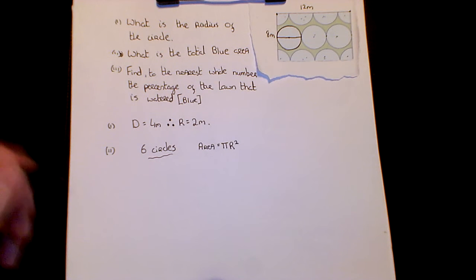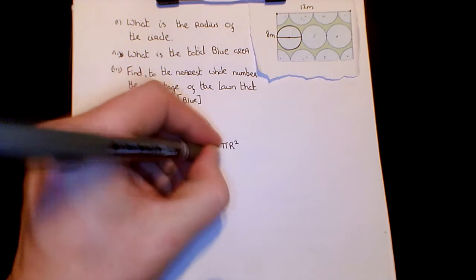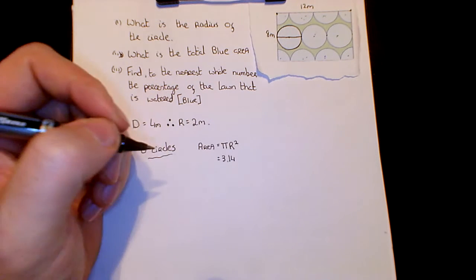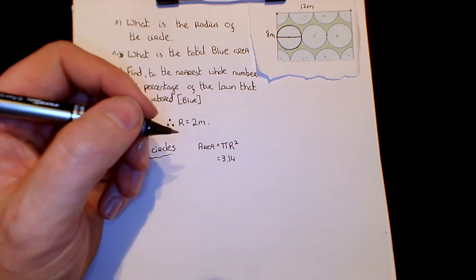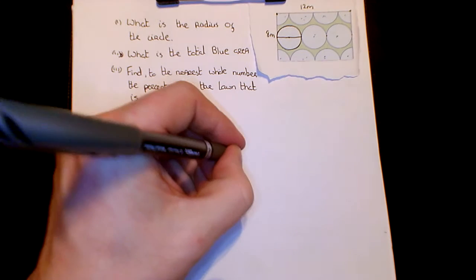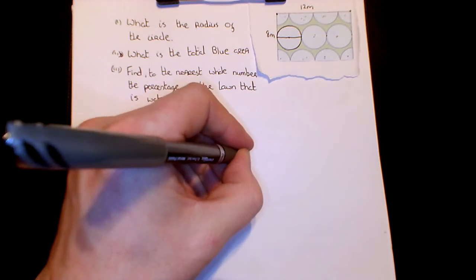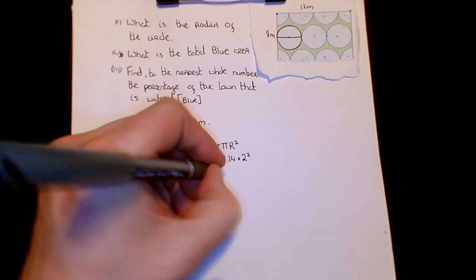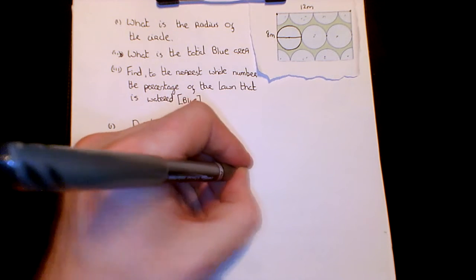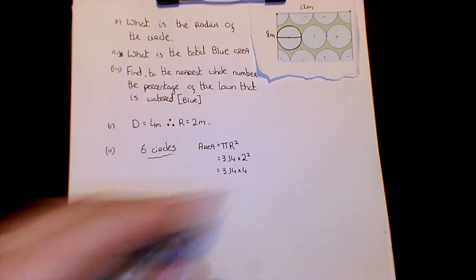We know what pi is: 3.14, or 22 over 7, or just leave it as pi. Multiply by the radius, which is 2 squared.